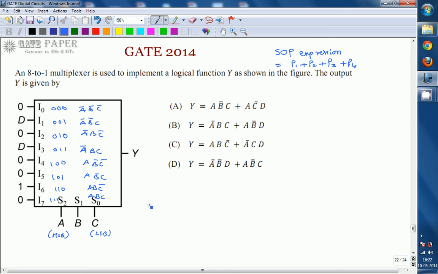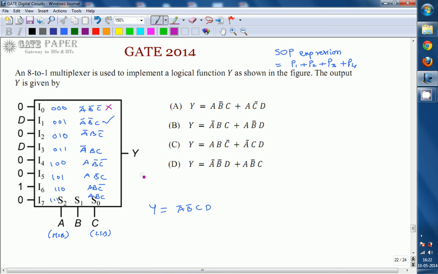So Y can be written in this way. This is D multiplying A bar, B bar, C, so A bar, B bar, C into D. This is the product term generated for this line, because its input is not 0. The other lines give no term, because 0 into something is 0.